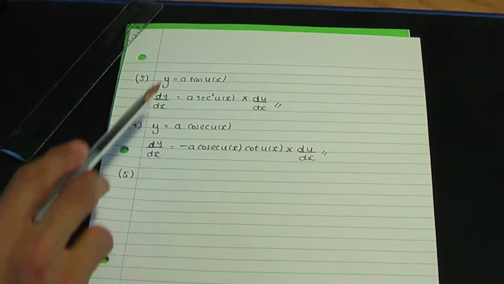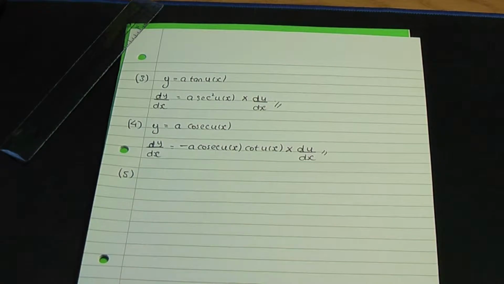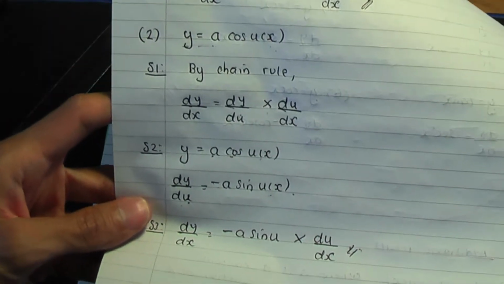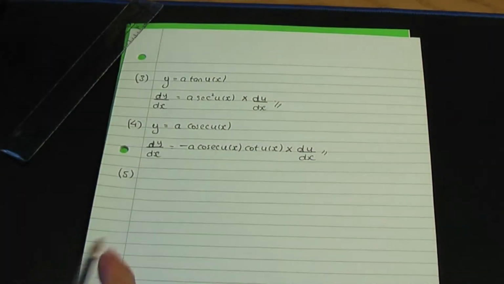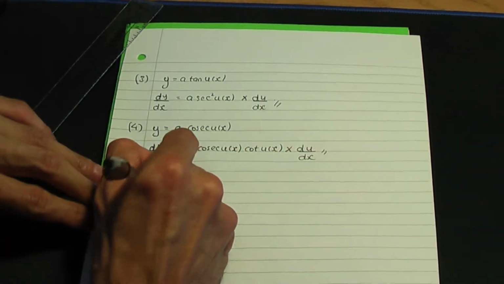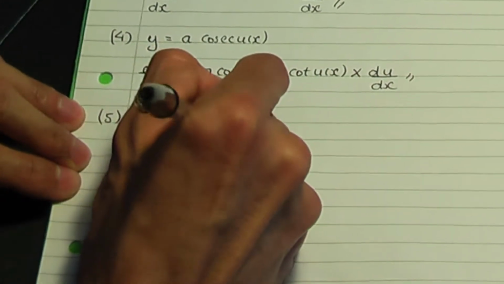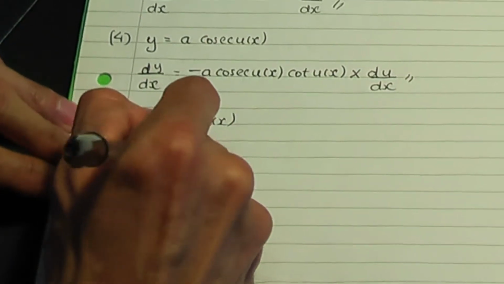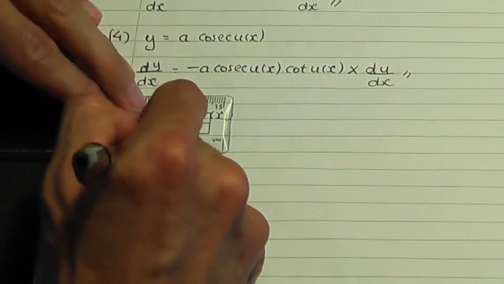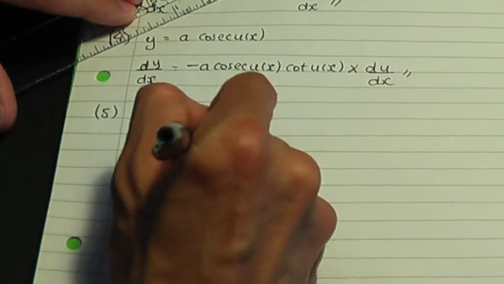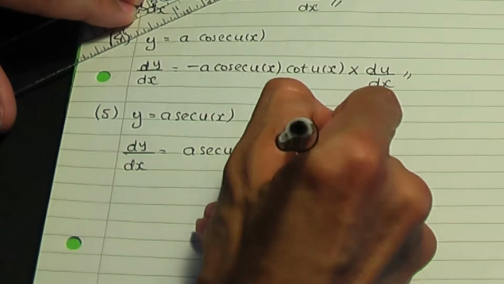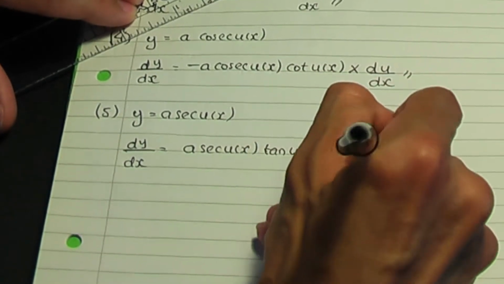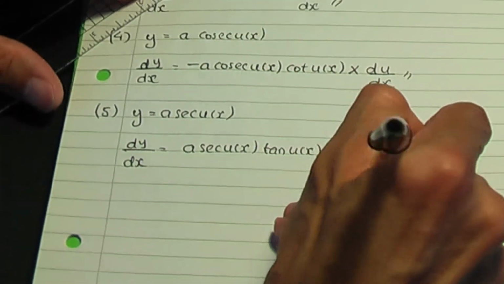So once again, you can prove these results using the same 3 steps that I've highlighted earlier. Let me continue. Number 5, y is equal to a sec ux, dy over dx will be a sec ux tan ux times du over dx.